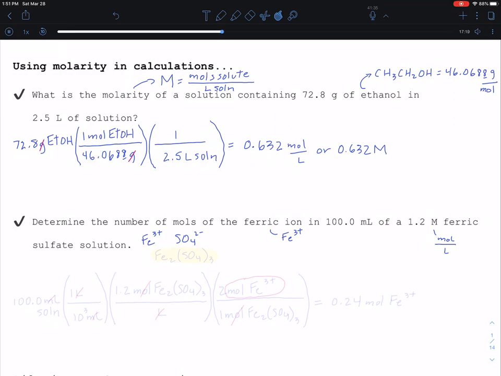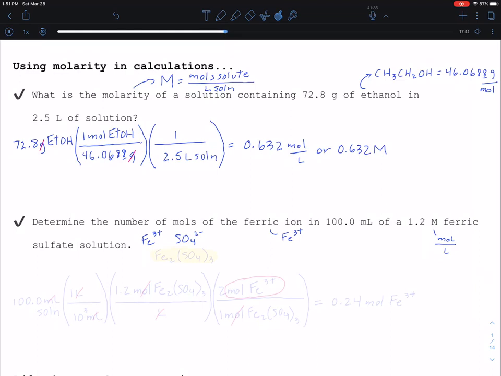I really kind of want to know how many moles of that ferric ion are actually in that salt, so that when I go to figure out the number of moles of the ferric ion in that particular sample, and I have the concentration of the total solution, I know if there's more than 1 mole of the ferric ion per 1 mole of the salt.